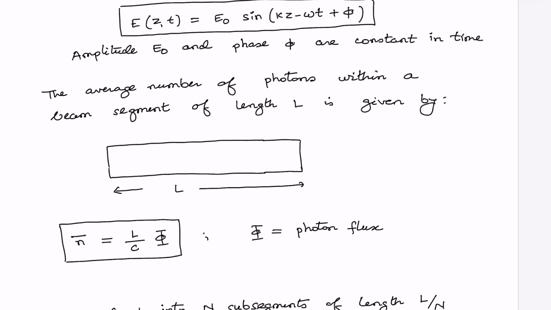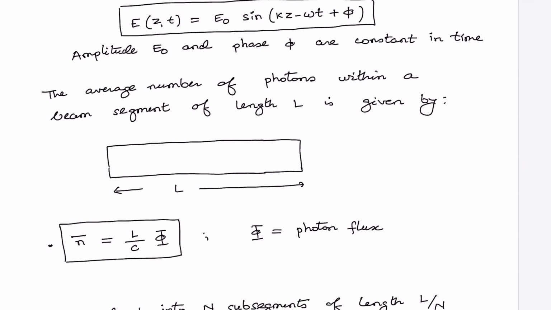So in terms of the photon flux, the mean number of photons is L by c, where c is the speed of light, times the photon flux. Now here we are assuming that L is large enough so that this mean value of photon number, that is n bar, takes a well defined integer value.